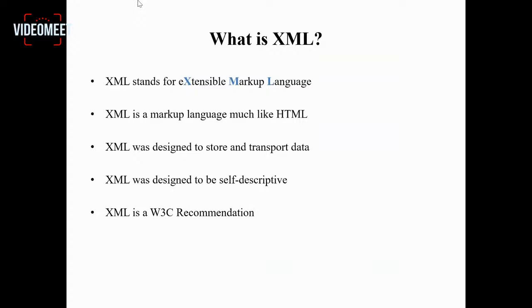So what do you mean by W3C? W3C is nothing but an organization which will give recommendations for different technologies. We call this World Wide Web Consortium, WWW, 3Ws. What do you mean by 3W? World Wide Web Consortium.